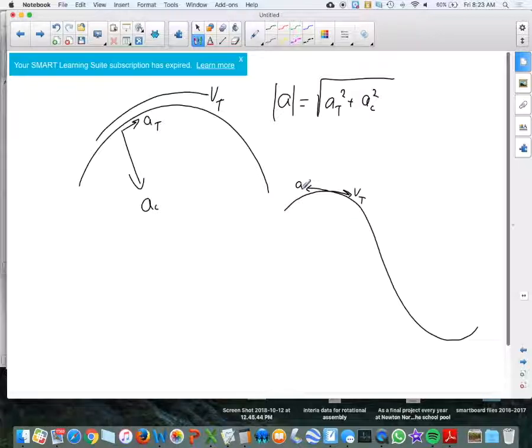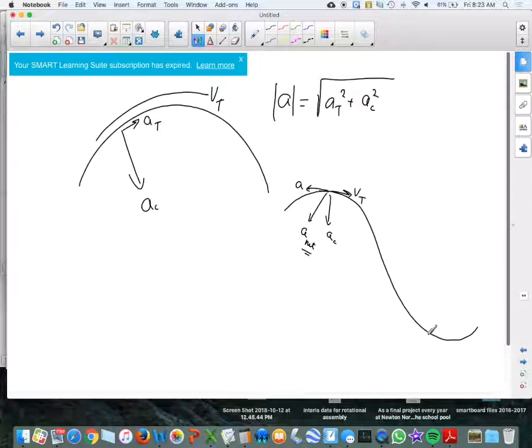So is it up and to the left, down and to the left, down and to the right, up and to the right? Down to the left. So I would have a centripetal acceleration in this direction, a tangential acceleration in this direction. So my net acceleration would be in that direction.